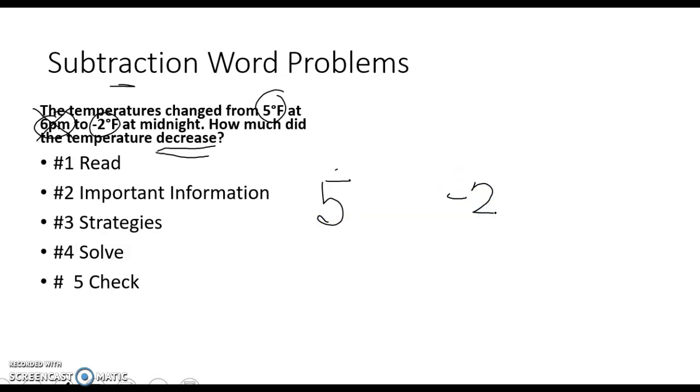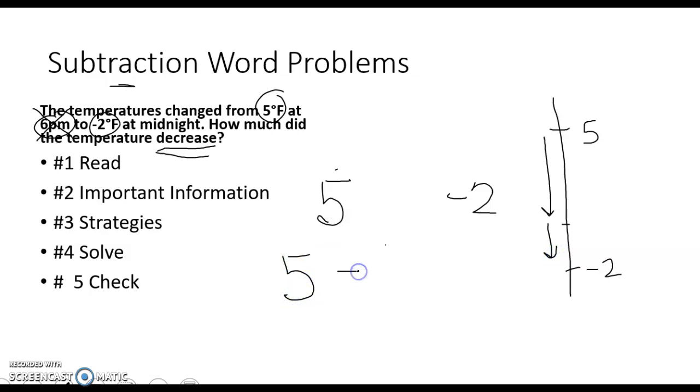So let's think about this on a scale, a vertical scale, because we're going to be 5 above 0 and we go down to 2 below 0. So we're going to go from 5 and then we're going to go minus a -2. 5 minus a -2.